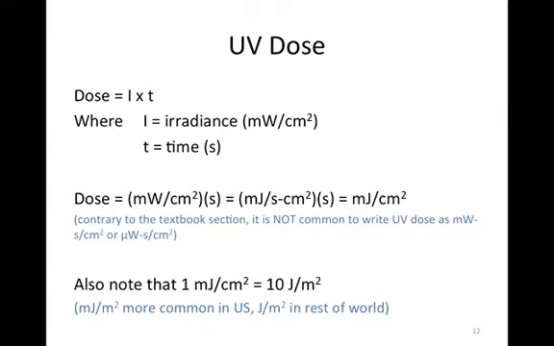So we'll continue to use that term. But note that fluence is also used to represent the same quantity. And then finally, down here at the bottom, millijoules per centimeter squared are the most common units used in the US, but in the rest of the world, it's more common to see UV doses represented as joules per meter squared.